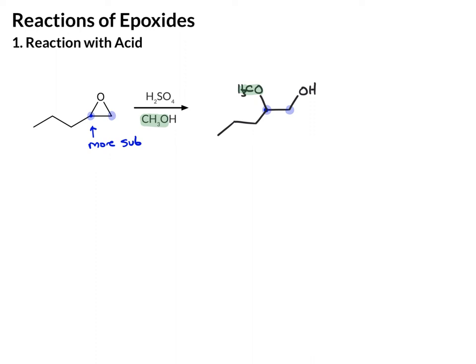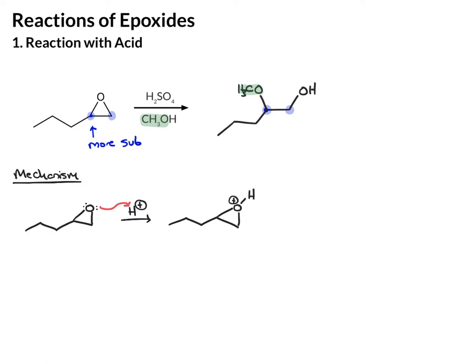All right, let's take a look at how this happens mechanistically. The first thing that happens is the epoxide reacts with H+ from the sulfuric acid. So I'll draw in those lone pairs and protonate the epoxide. Okay, from here, the conjugate base of sulfuric acid, because we just have H+ and HSO4-.